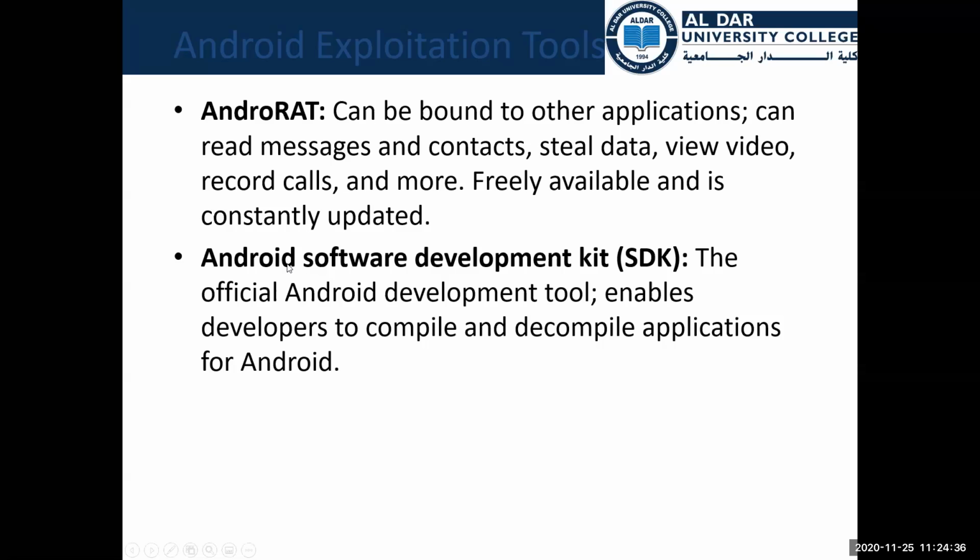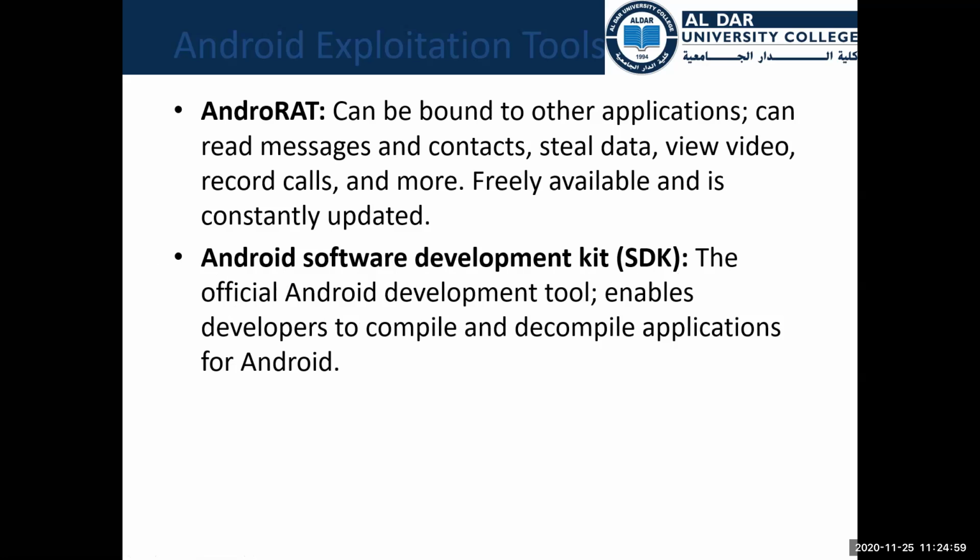So Android RAT and also the Android Software Development Kit. This can also give some privileges on the Android device because it is already used for development of applications on the Android device. So they can be used in reverse engineering tasks.